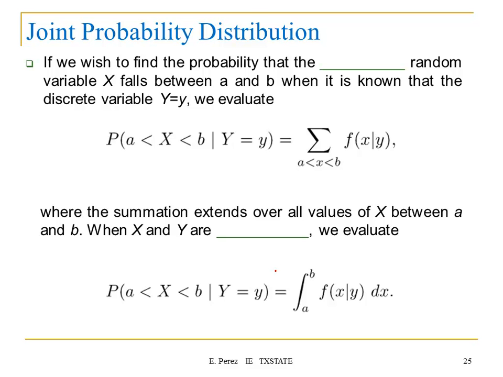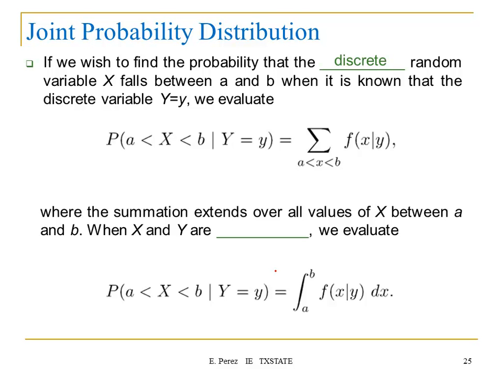If we wish to find the probability that the discrete random variable x falls between a and b, when it's known that the discrete random variable y equals a value, we evaluate this probability. So it's the probability of x being within these two numbers, given that y has this value.